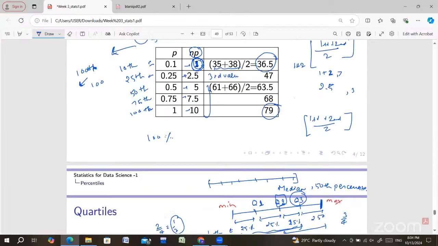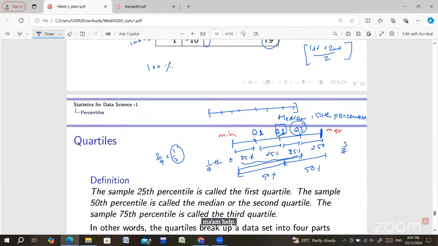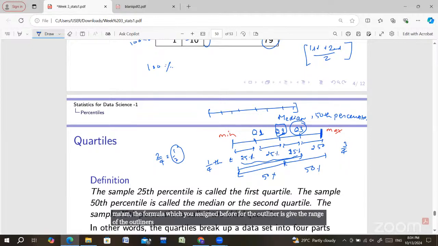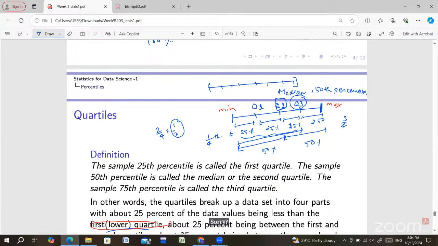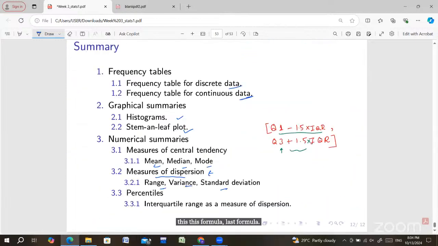Ma'am, the formula which we used before for the outlier, does it give the range of the outliers for the given data?